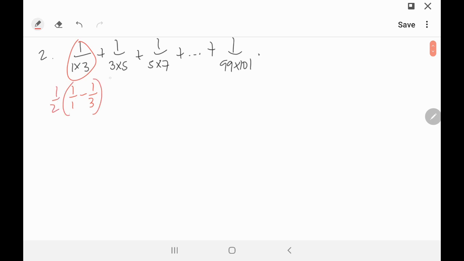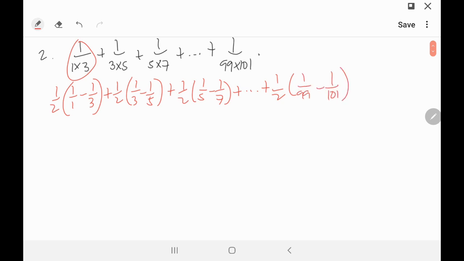Similarly, the second fraction can also be written as 1 half of 1/3 minus 1/5. And the third fraction, 1 half of 1/5 minus 1 over 7. And the last fraction can be written as 1 half times 1 over 99 minus 1 over 101.